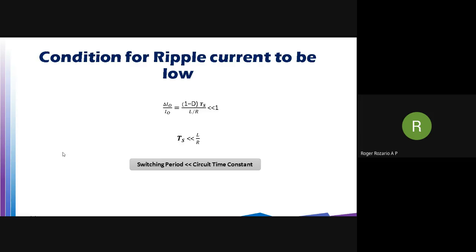We found the value of the ripple present in the output current and normalized it as del I naught by I naught, equal to 1 minus the duty ratio multiplied by the switching time period Ts divided by the circuit time constant L by R. The condition for low ripple current is that the switching time period should be very much less than the circuit time constant.